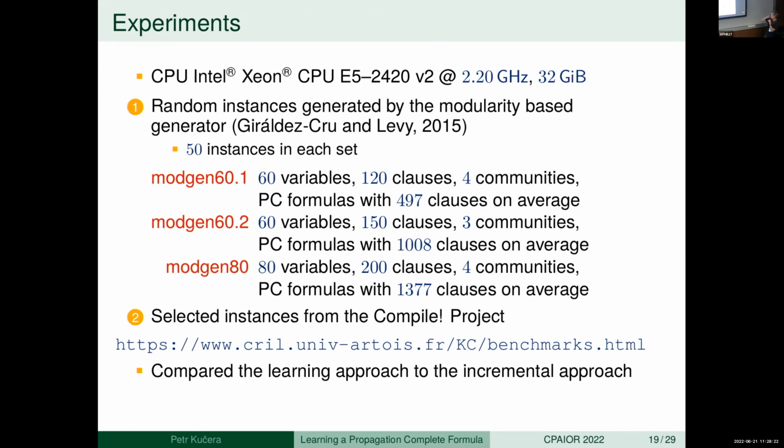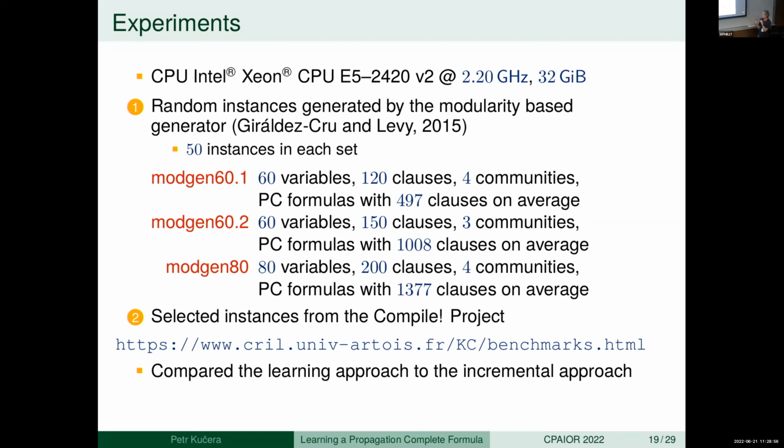Just to give some impressions, we also made some experiments with this approach to compare with the incremental approach, mostly for comparing the number of equivalence queries. In the first set of test cases, we used random instances, and then we used selected instances from the compiled project, which is present on this web page. The reason for using random instances is that the equivalence query is quite hard.